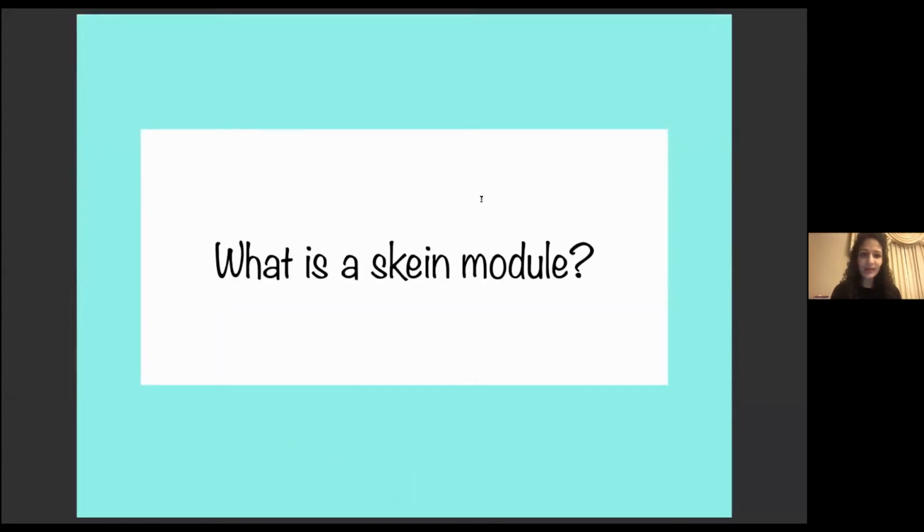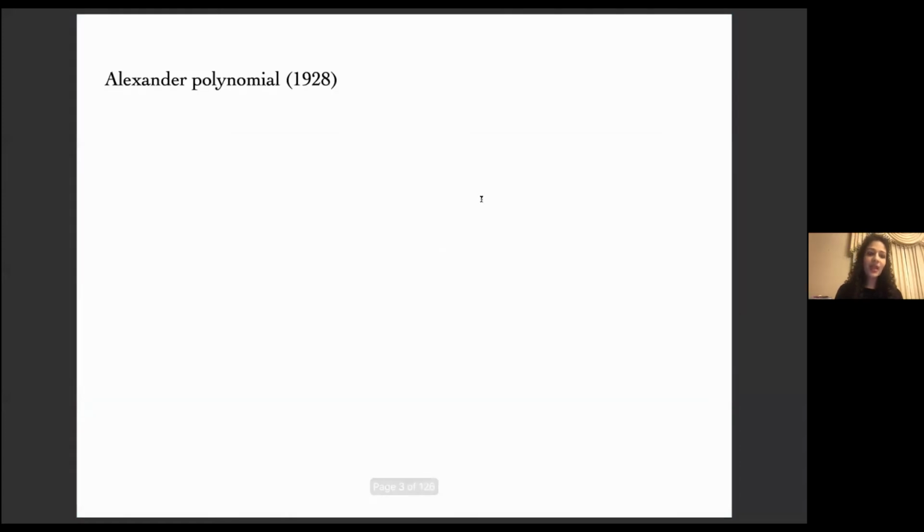Well, for that, let's go back a little bit in history. J.W. Alexander discovered his polynomial, which is now known as the Alexander polynomial, in 1928. And he also noticed that the links, when he defined this polynomial, satisfied some sort of linear relation.